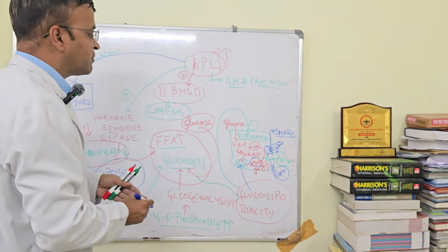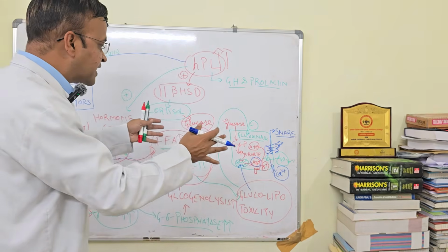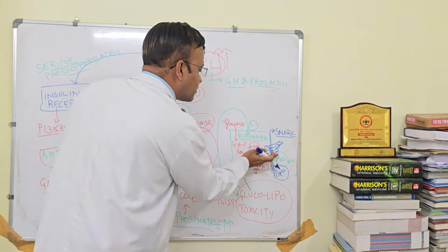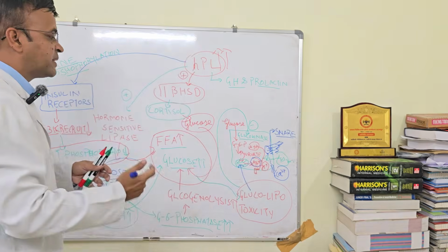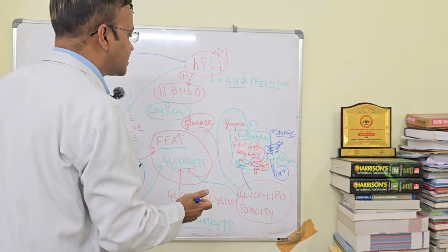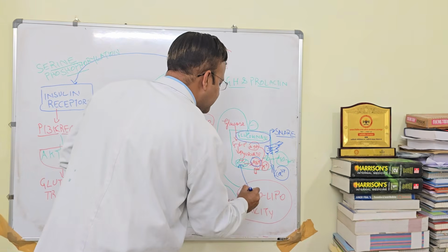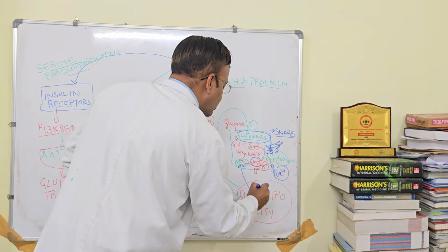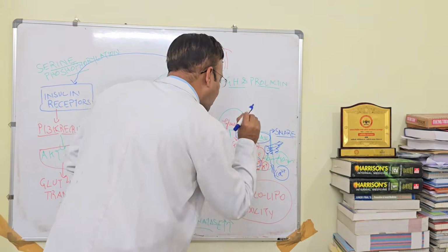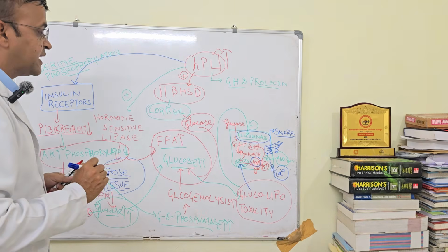If it doesn't bind, the potassium gates won't close, so this change from minus 70 to minus 40 millivolt won't happen. Calcium gates won't open, and insulin won't be released. So glucolipotoxicity, by causing mitochondrial dysfunction, will ultimately lead to a reduction in the release of insulin, right?